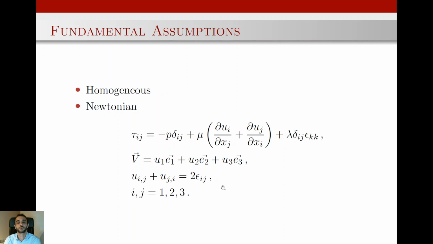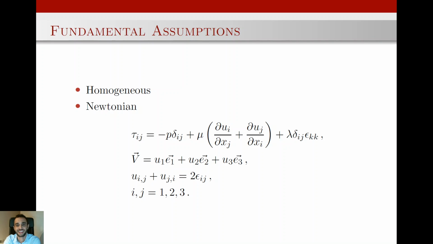And u1, u2, u3 are the velocity components, and e1, e2, e3 are the unit normal vectors in a 3-dimensional Cartesian coordinate system. Throughout the slides, I'll be using i and j as 1, 2, 3, again for a three-dimensional coordinate system. And I'll also use Einstein summation, where subscripts after comma denote differentiation with respect to the indicated variables.